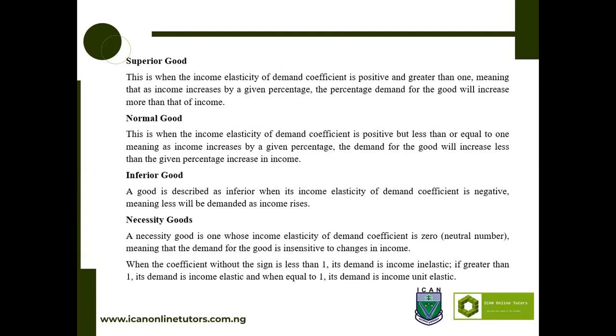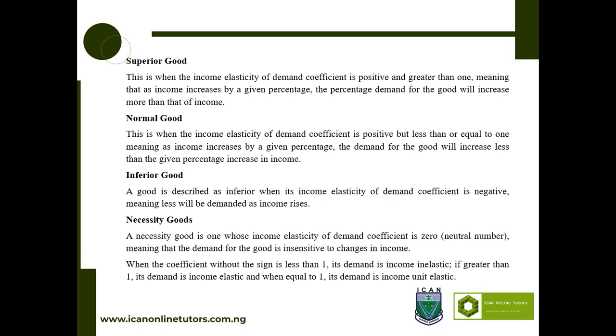We have the superior good. What do we know as superior good? This is when the income elasticity of demand coefficient is positive and greater than 1, meaning that as income increases by a given percentage, the percentage demanded for the good will increase more than that of income.